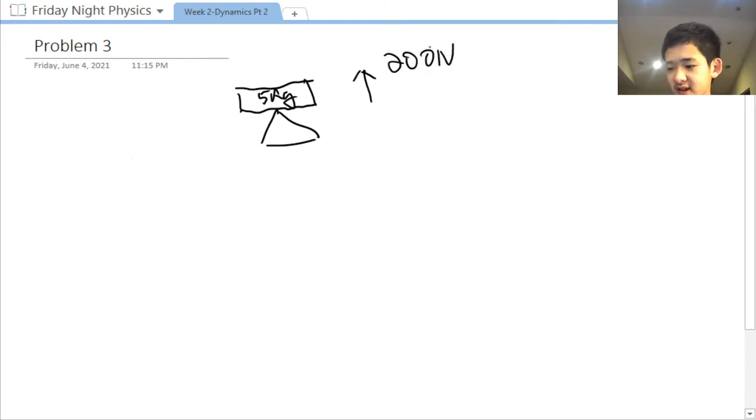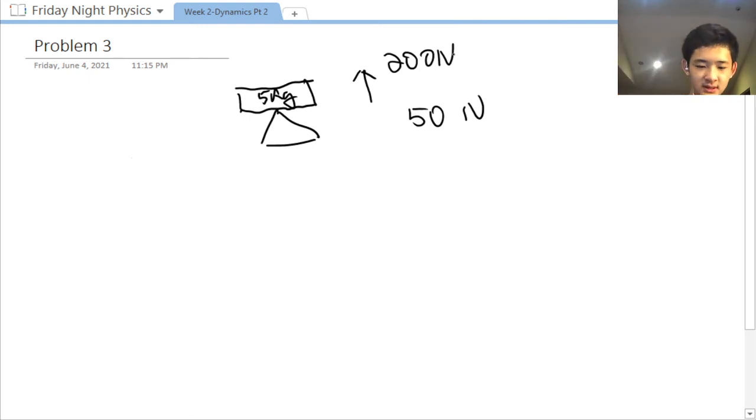Find the scale reading. So we know that the lower force is going to be equal to the force of gravity. Well, the force of gravity is just 50 newtons, and so since the hand on the bottom pushes it up with 200 newtons, the hand on the top has to push down and balance it.